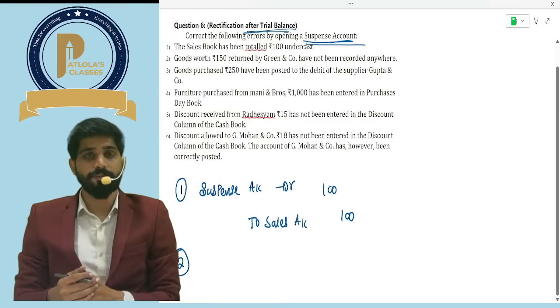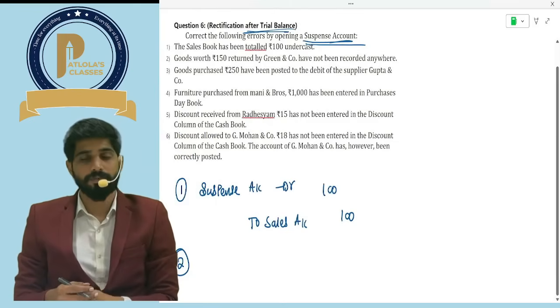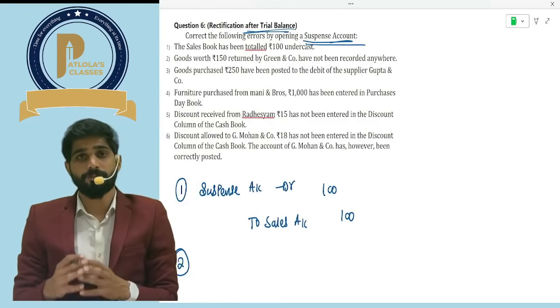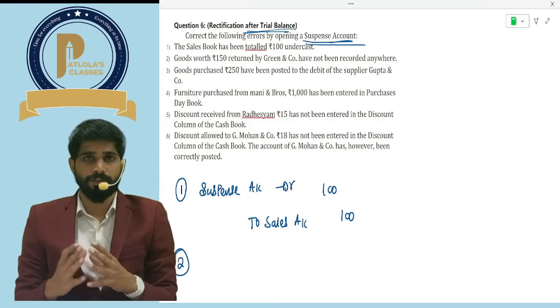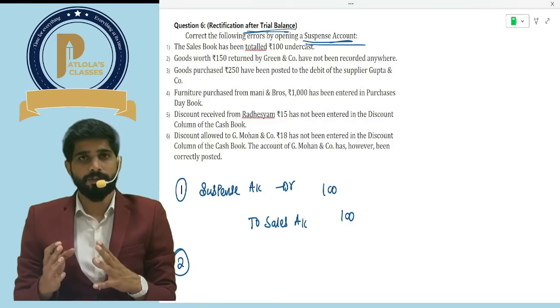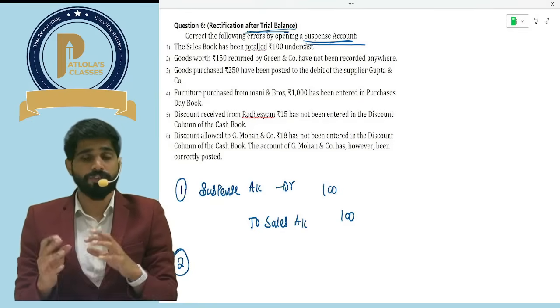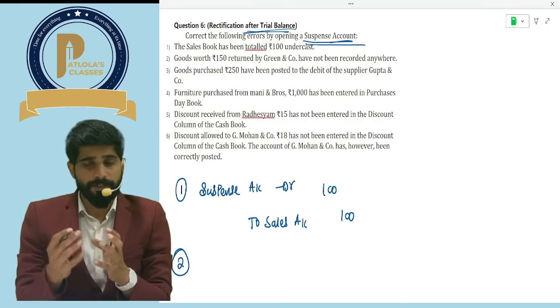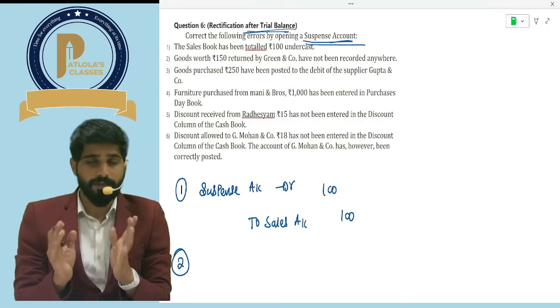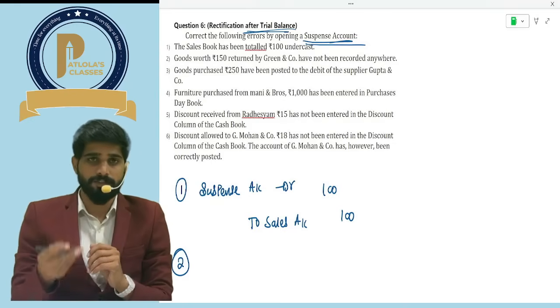Okay. Coming to the second one. Goods worth 150 returned by Green and Co. So it is a sales return, which has not been recorded anywhere. I will assume that it is a complete omission. Whenever it's a complete omission, your trial balance will tally because it is not taken on both sides. Now we need to record the entry. Your trial balance will still tally, so there is nothing called suspense.